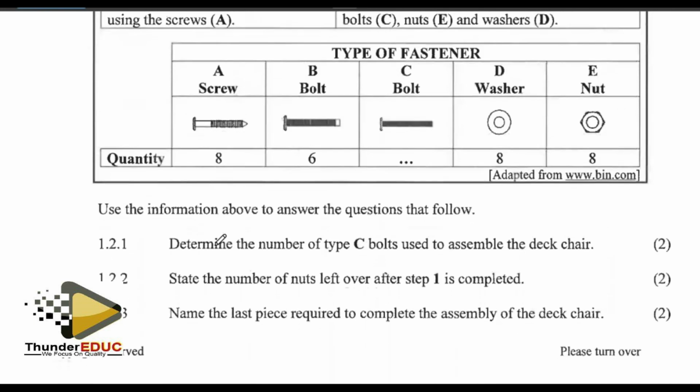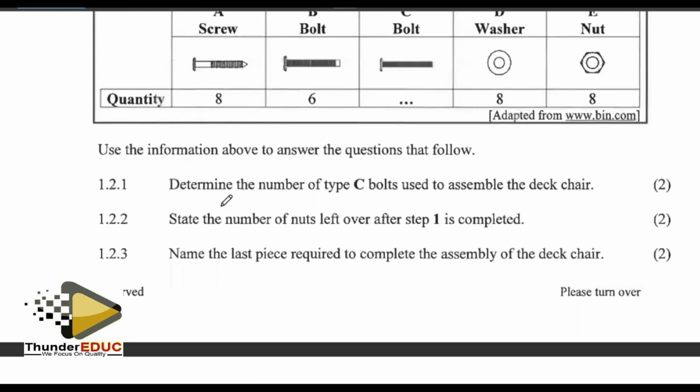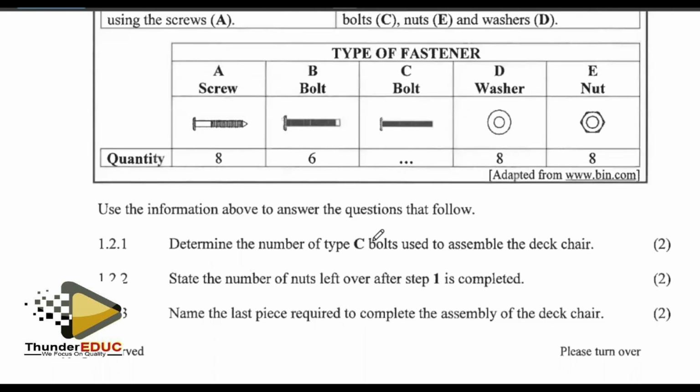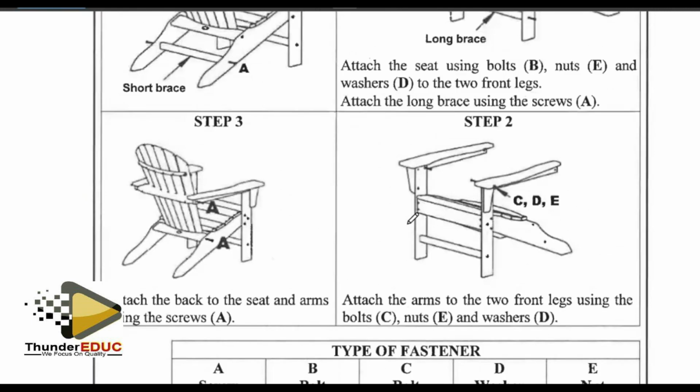Okay, here we go. Use C. Determine the number of type C bolts used to assemble the deck chair. We are looking at C, the number of bolts. How are we going to determine them?